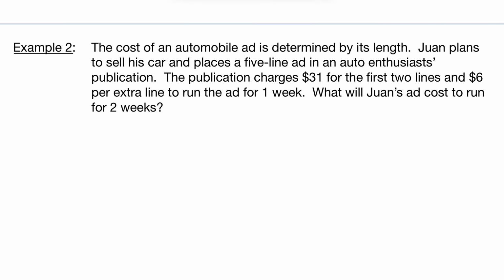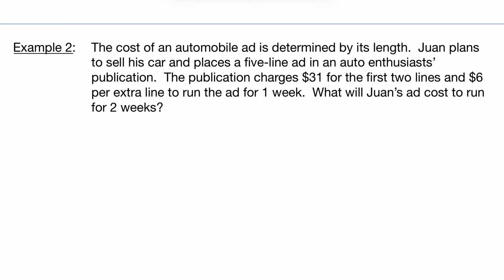All right, now let's take a look at example two. The cost of an automobile ad is determined by its length, okay? So Juan plans to sell his car and places a 5-line ad in an auto enthusiast publication. The publication charges $31 for the first 2 lines and then $6 per extra line to run the ad for 1 week.